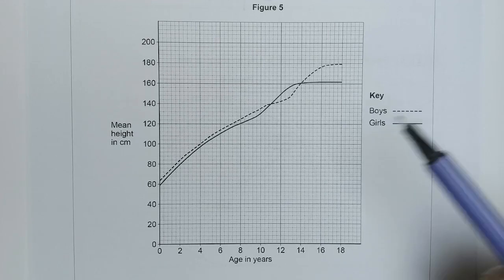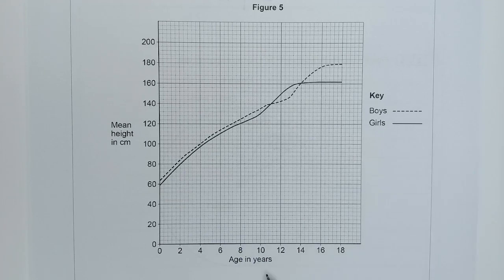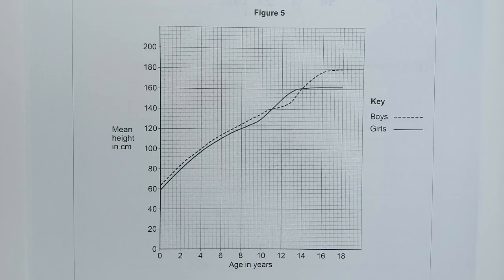The dotted line is for the boys and the solid line is for the girls, and they have given you the age. I've seen this question repeatedly over and over again in AQA. It's quite a common question for them to give, because a lot of students struggle to interpret these growth graphs. So let's have a look at what they're actually asking us.